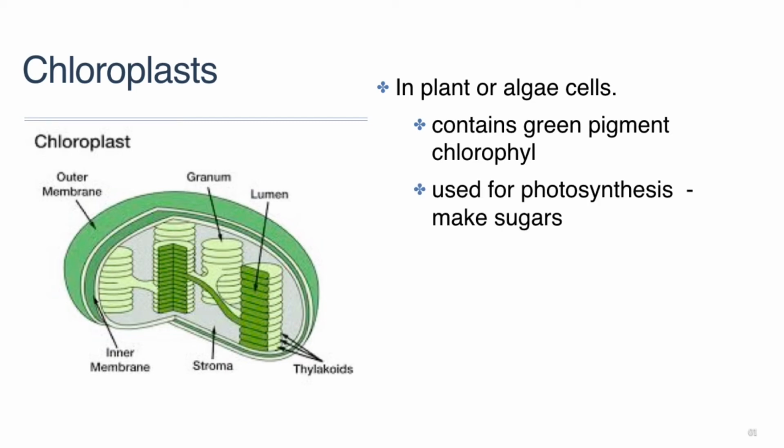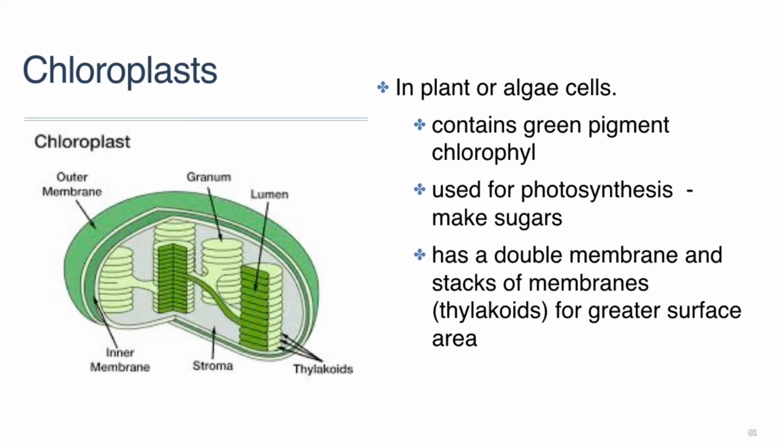And chloroplasts, like mitochondria, also have a double membrane. They also have little stacks of membranes inside called thylakoids, and these are the areas that provide the extra surface area that is needed for capturing light into usable energy during photosynthesis.